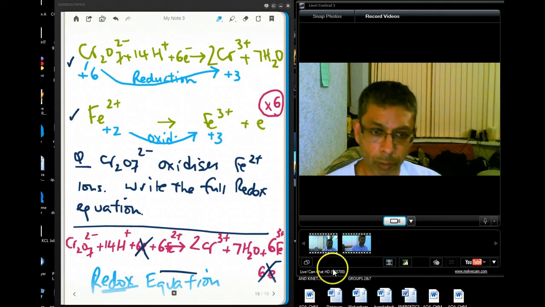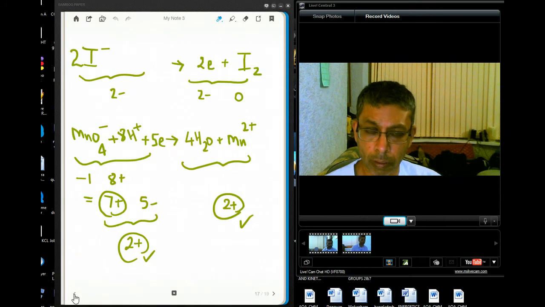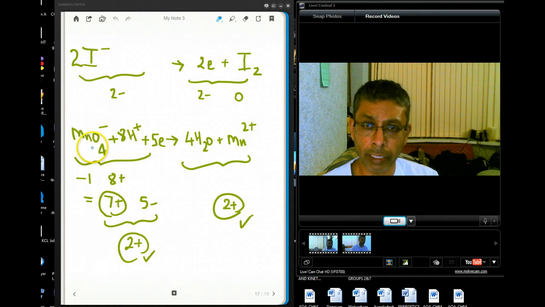Okay, right. Could you now write the full redox equation for manganate 7 here, MnO4 minus, oxidizing iodide ions? Okay, I'll write the question for you.